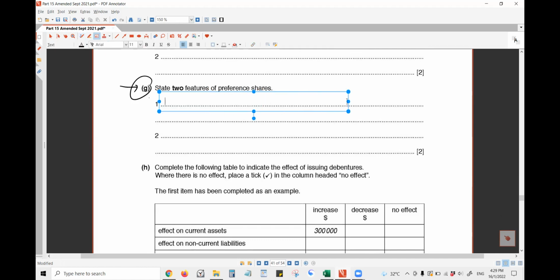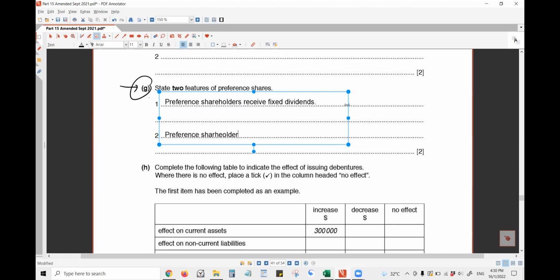You can talk about voting rights. You can talk about the dividends. So you write... that's it.